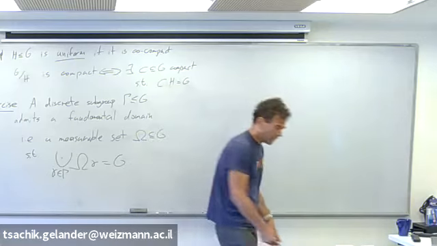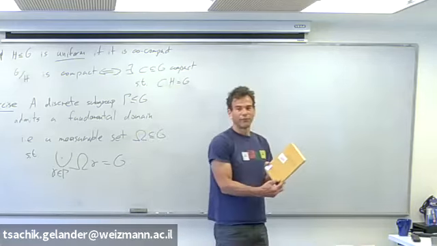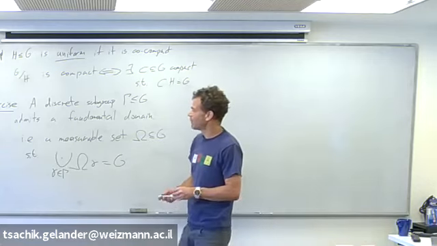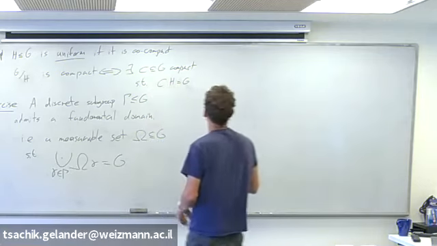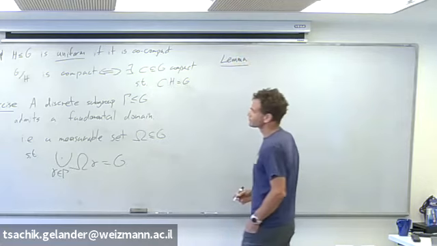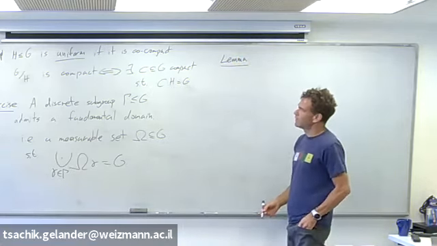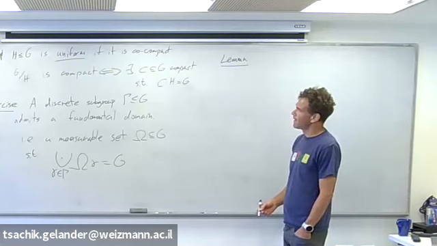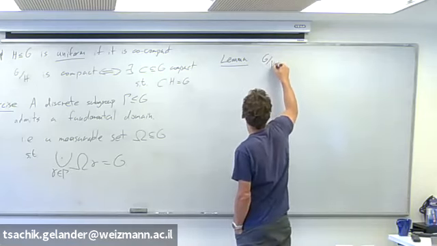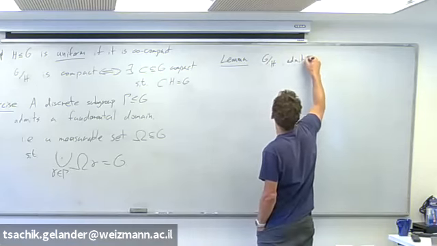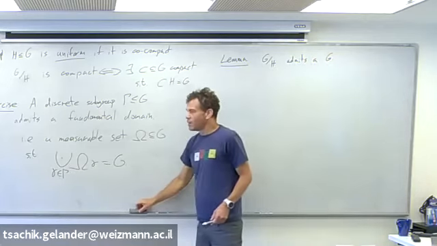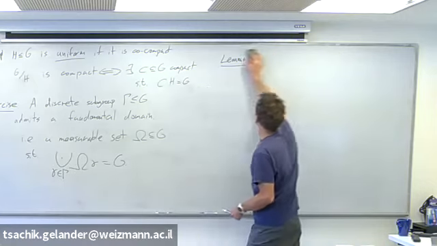And all this stuff is very well presented in the first chapter of Raghunathan. So I will not put it here, but let me at least state a lemma in Raghunathan that says the following. G mod H admits a G-invariant measure, or actually, let's even say it more generally.